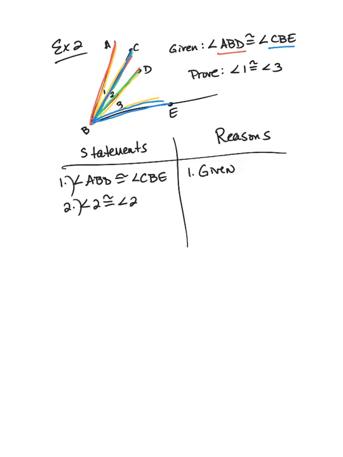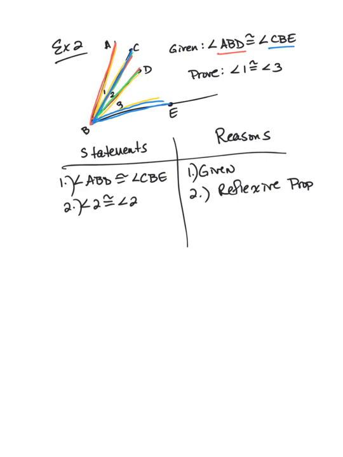Reflexive property. So before you can add or subtract angle 2 from angle ABD and angle CBE, you need to first put it in the proof.